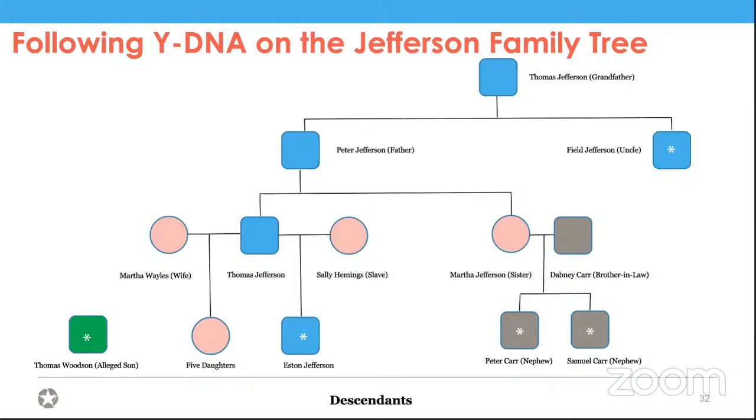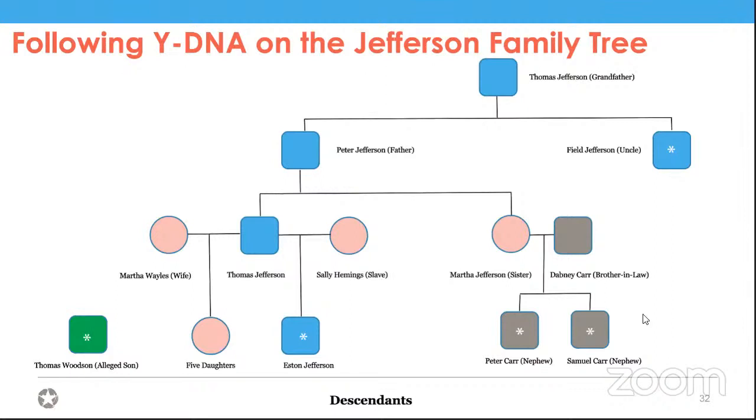And it was analyzed and compared to who they believed was the descendants of these possible children. So those who participated were the descendants of people who were believed to be the father of Sally Hemings' children. So the male descendants of the people with asterisks on this chart.